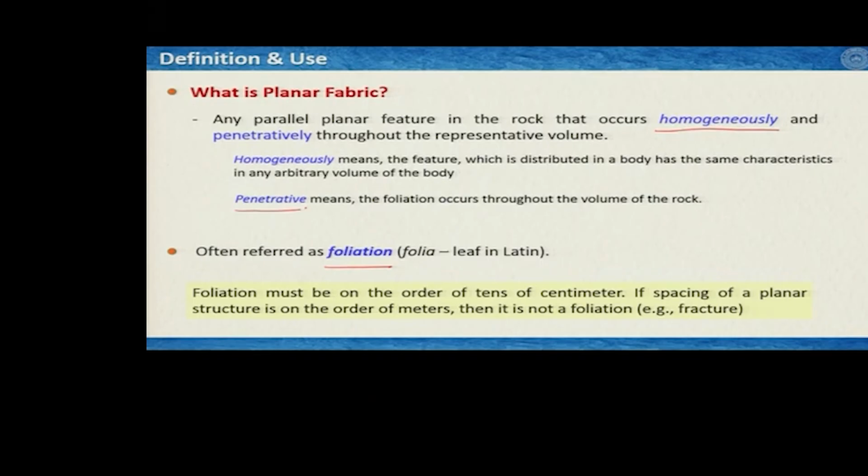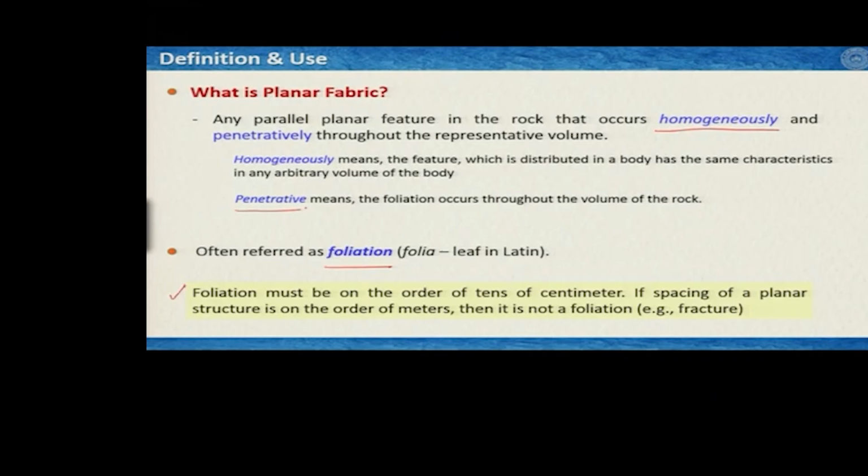Now, how frequent should the planar fabrics be? That might be a question. If I see a feature 1 kilometer apart, planes occurring within the rock at 1 kilometer frequency, is this a foliation? Or if they are occurring at micron scales, so at 2 micron intervals I see a planar fabric within the rock, is this a foliation?